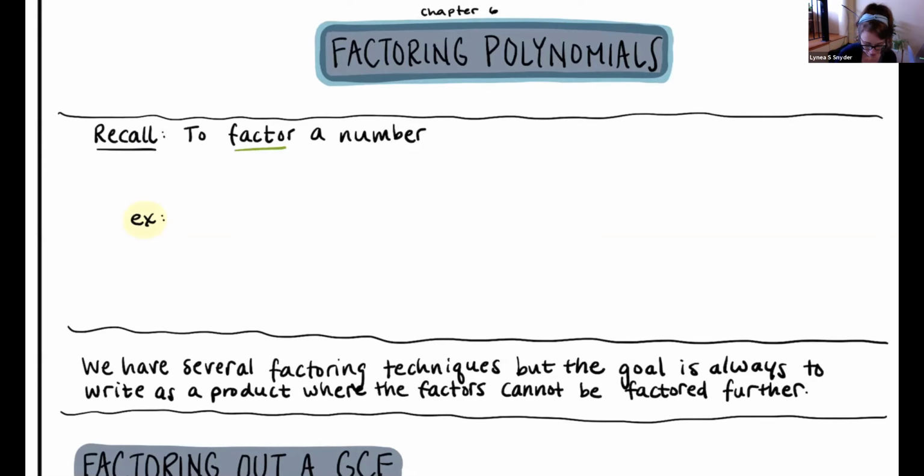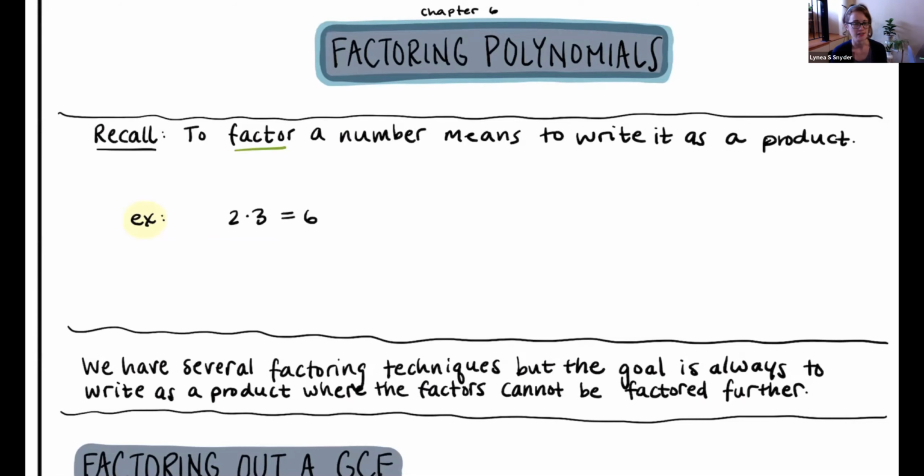For numbers, to factor a number means to write it as a product. For example, if you have the number 6, one way to write that as a product would be 2 times 3.